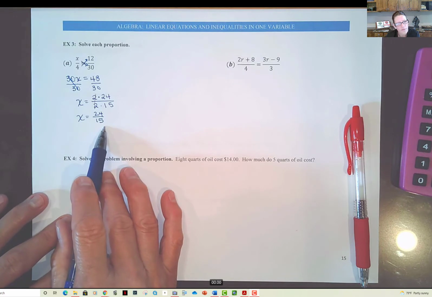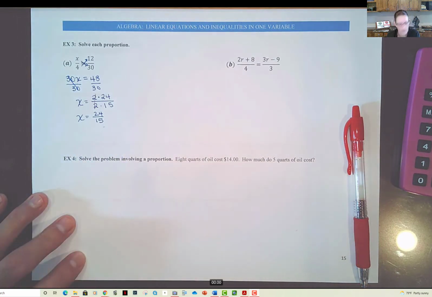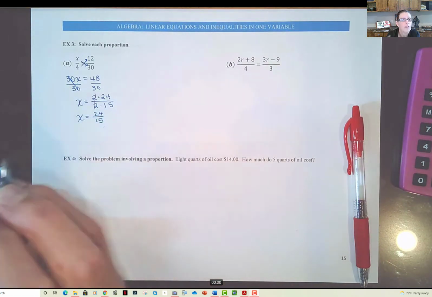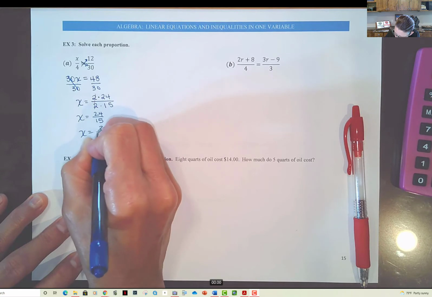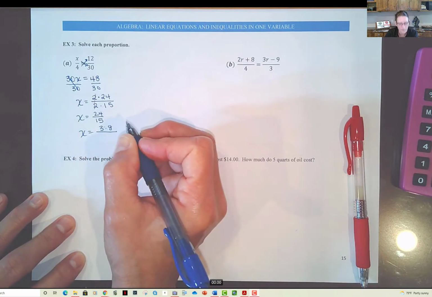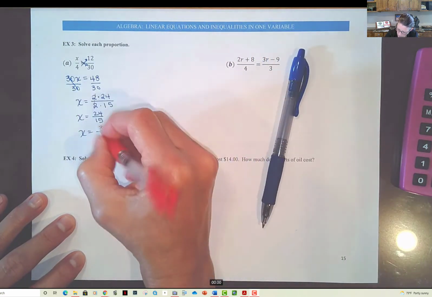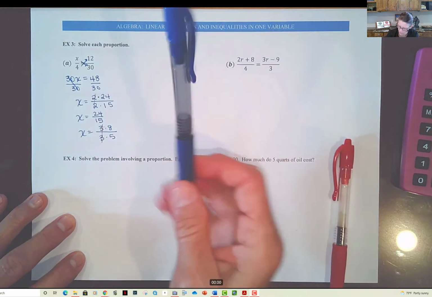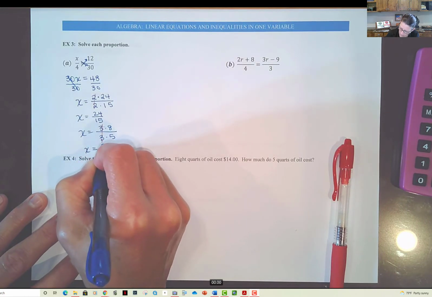But 24/15 is also going to reduce because those each have a common factor of, excuse me, 3. 24 is 3 times 8, and 15 is 3 times 5. So we can also divide out that common factor of 3 and write this answer as 8/5.